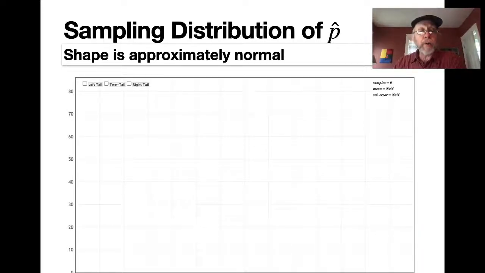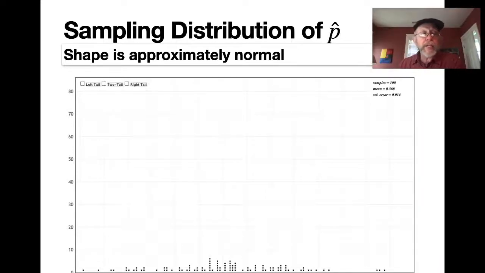So here I'm going to do that in one click 100 times. Each dot represents a sample of size 1255, and the value of p hat for that sample is the value that's recorded.